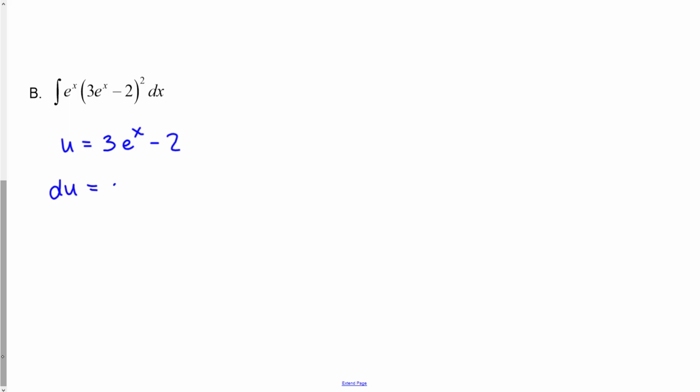Du would now be 3e to the x dx, or 1/3 du equals e to the x dx, which matches exactly what's left over in that integrand. So 1/3 comes out front, e to the x dx gets replaced with the du, and then 3e to the x minus 2 gets replaced with u, but it'll be u squared.